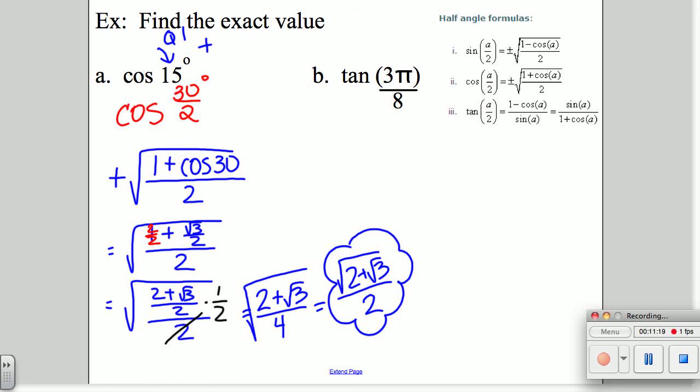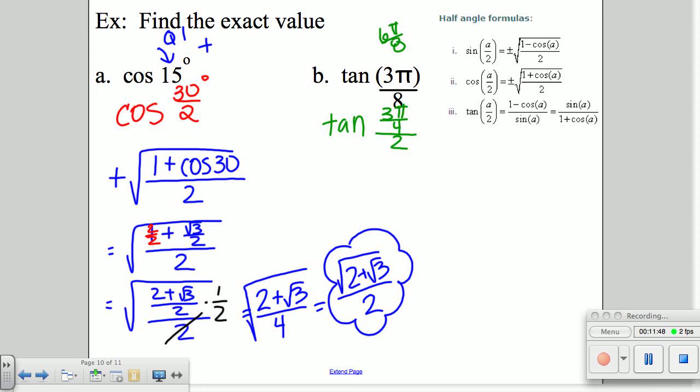Looking at the next example, tan of 3 pi over 8. Again, 3 pi over 8 is not on our unit circle. But just like over here, where I doubled the 15 to get 30, if I double 3 pi over 8, I get 6 pi over 8, which is 3 pi over 4.